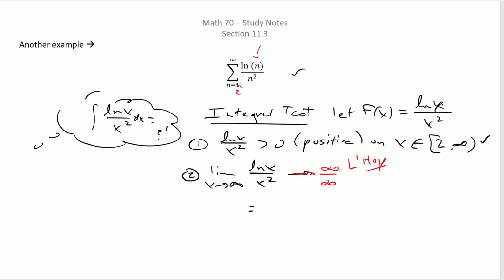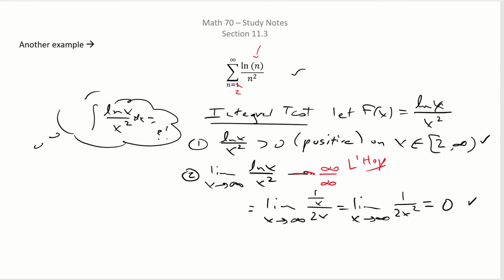So it's equal to, by L'Hopital, the limit as x approaches infinity, and we'll take the derivative upstairs and the derivative downstairs. If I invert and multiply, I get the limit as x approaches infinity of 1 over 2x squared. And as we all know from Calc 1, if the denominator grows without bound, we go to 0. So step number 2, the terms go to 0. That's all well and good.